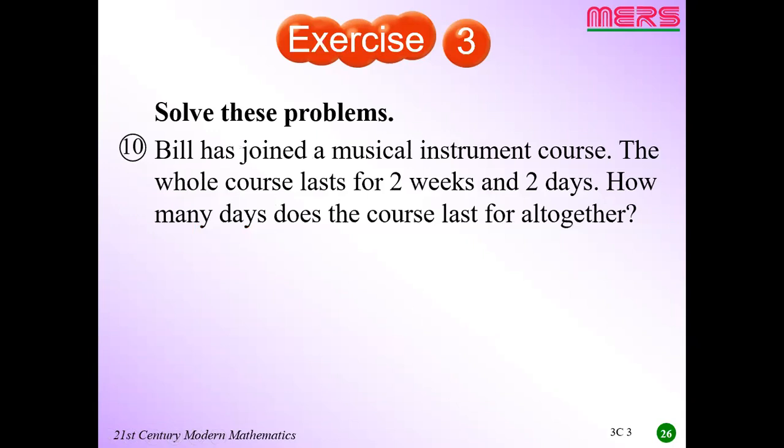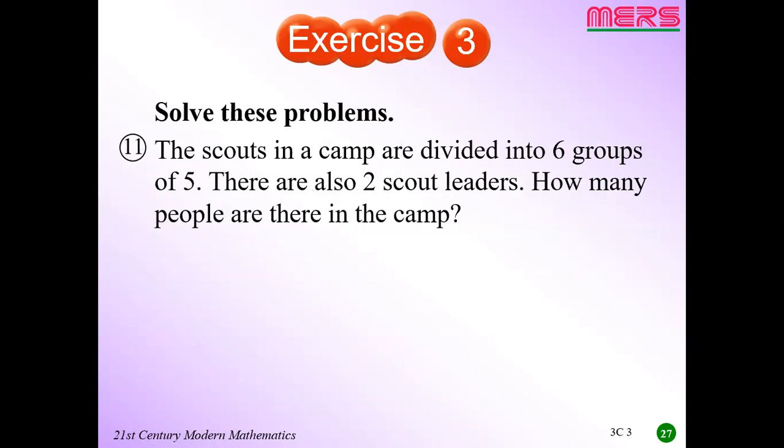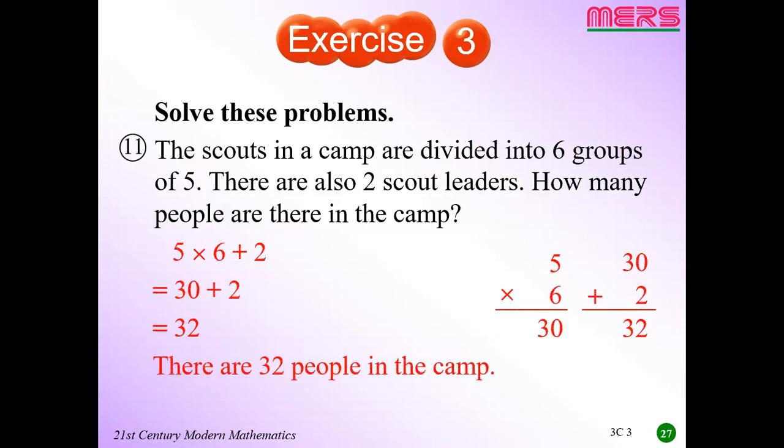Number 10. Bill has joined a musical instrument course. So for this one, number 10, the answer will be 16. It lasts for 16 days altogether. Question number 11. The answer will be 32. There are 32 people in the camp.